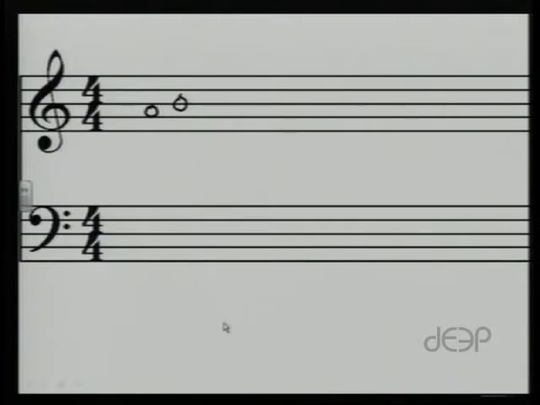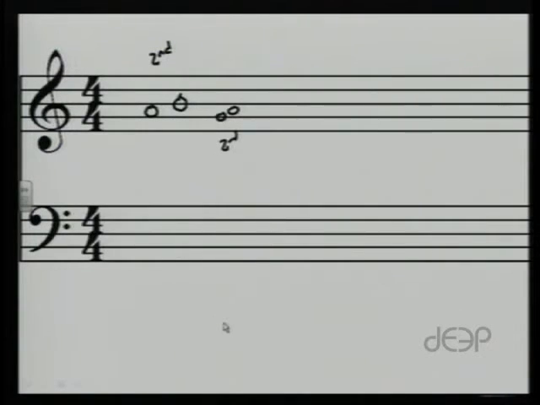That provides us the interval of a second. So the rule is that if we have a note on any line or space, then the next line or space would then be a second. So from A to B is a second, from G to A is also a second.